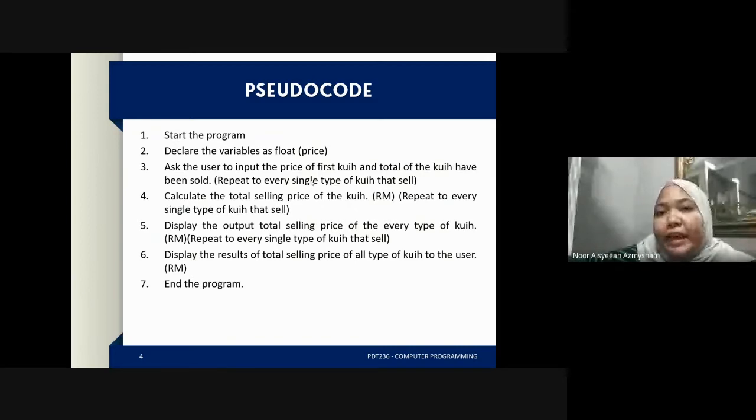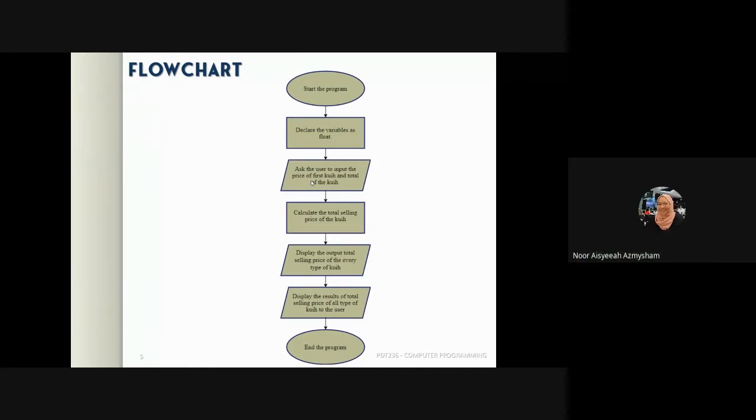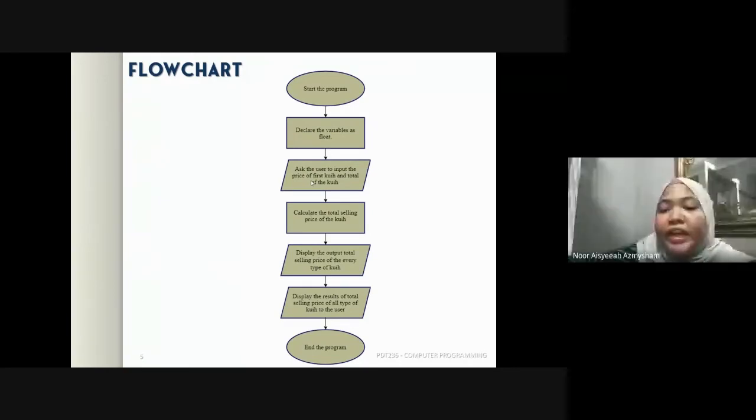And then we continue with the flow chart. Basically, the flow chart uses shapes to represent the flow of the program. Firstly, the oval shape shows the start of the program, and then the next is a rectangle that shows the process of the program, and then another shape that shows the input of the program.